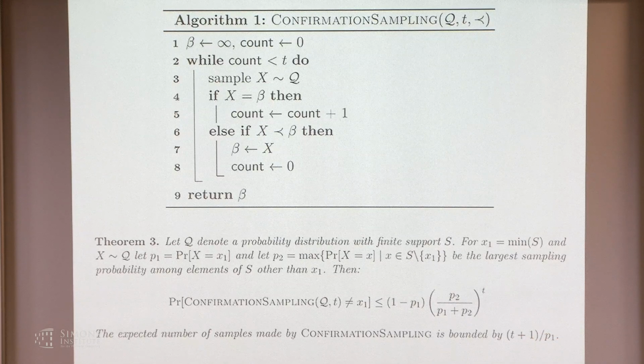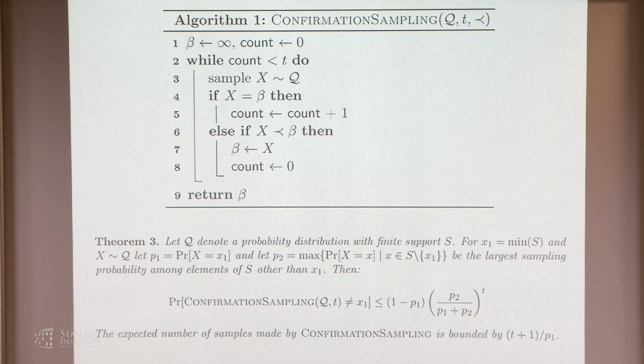And even just to see x1 with probability 1 minus 2 to the minus t requires roughly this number of steps. So we couldn't really hope to get a much smaller number of samples. So it's optimal with respect to the number of samples just to see the nearest neighbor, up to a constant factor.